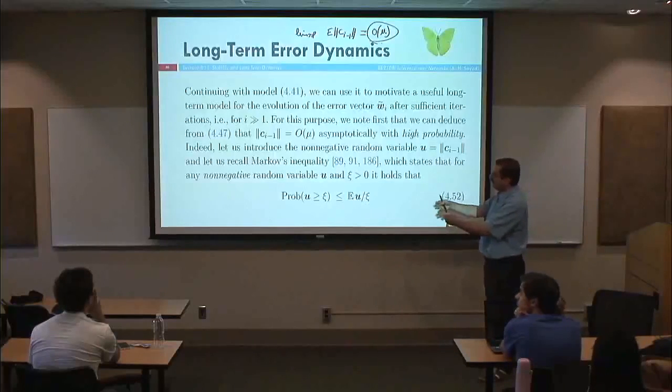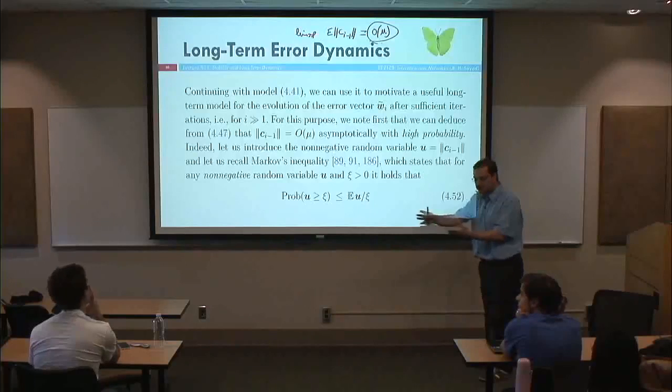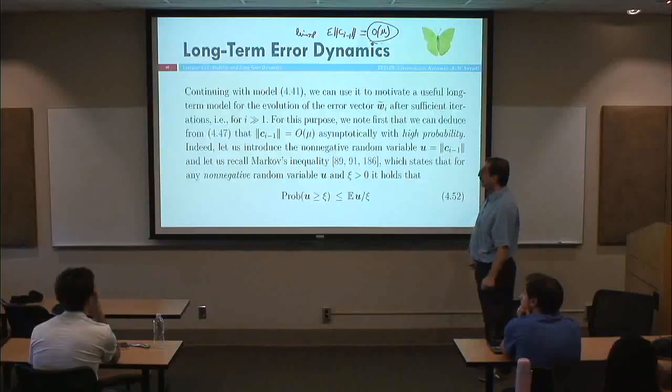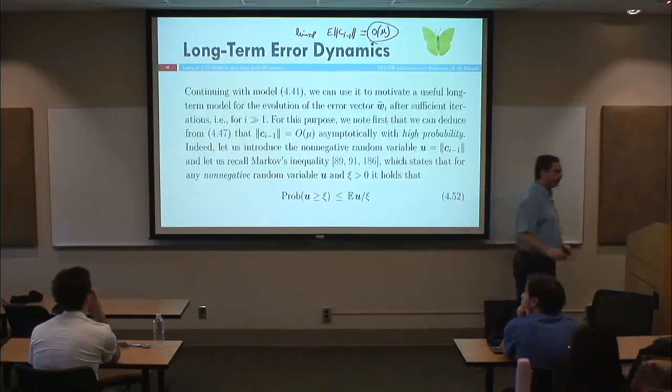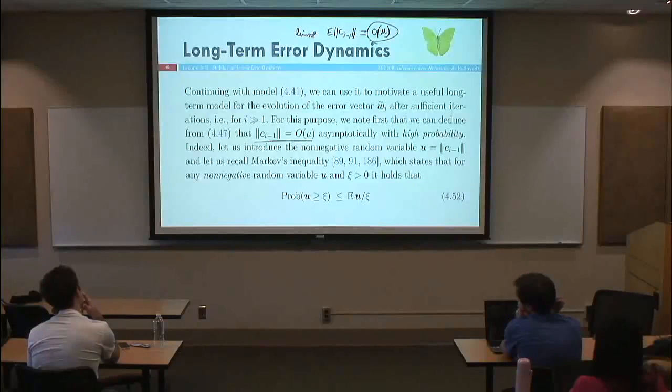So that's why I can exclude it. But I'm not going to just exclude it. I'm going to exclude it and then quantify exactly how much I lose by doing that. So I want to argue that this norm is of that order, not just the mean, but with high probability.